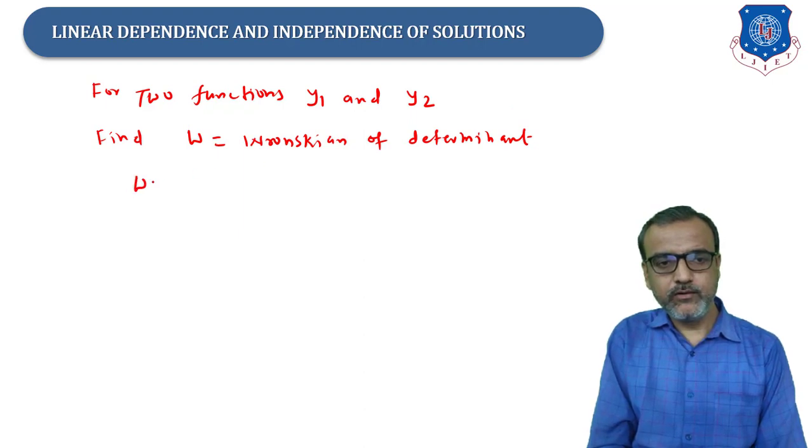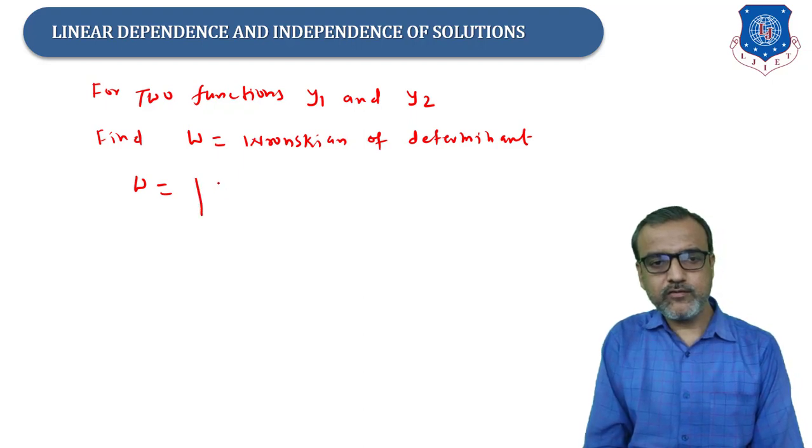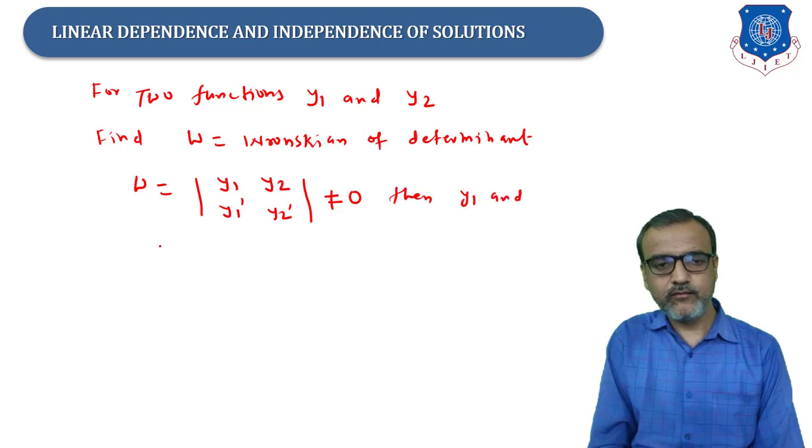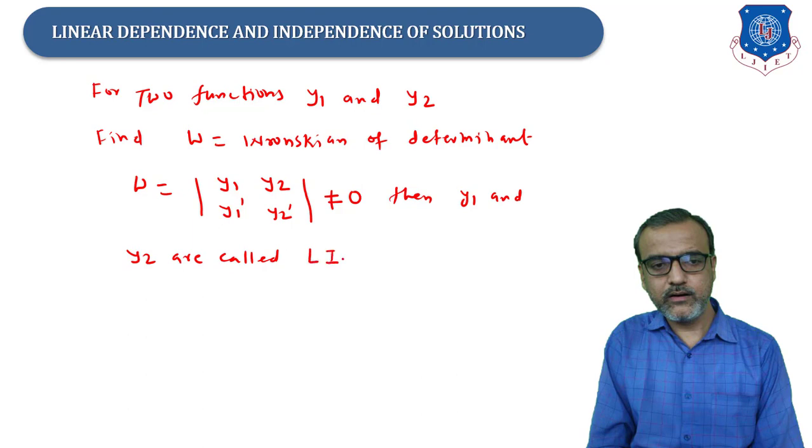We define W for two functions y1, y2 as the determinant of order two: y1, y2 in the first row, y1 dash, y2 dash in the second row. If this is not equal to 0, then y1 and y2 are called linearly independent solutions.